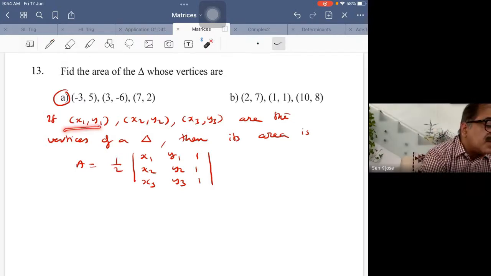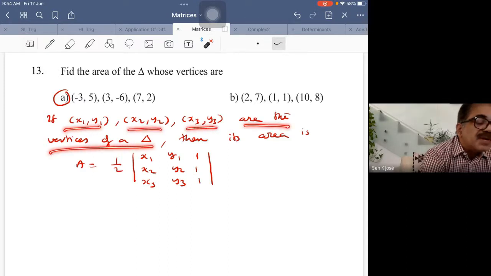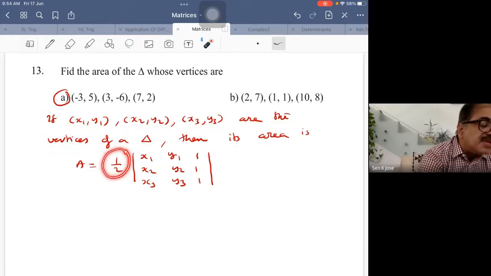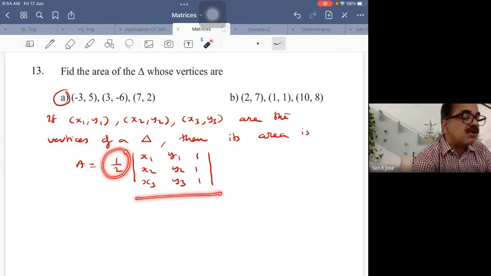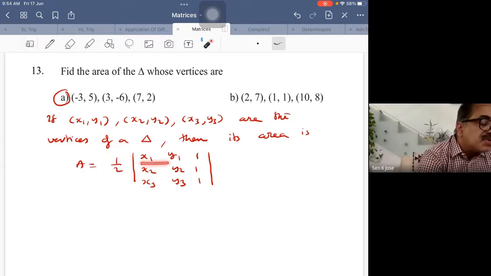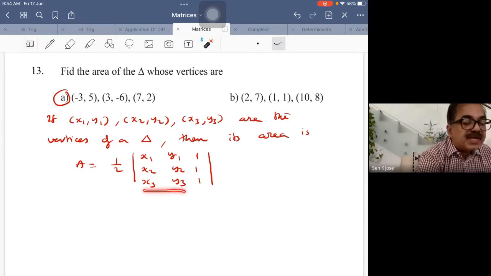So if x1, y1, x2, y2, x3, y3 are the vertices of a triangle, then its area is given by the formula half into determinant. Now, how do I remember this formula? x1, y1, the first vertex followed by 1. x2, y2, the second vertex followed by 1. Then x3, y3, the third vertex followed by 1.